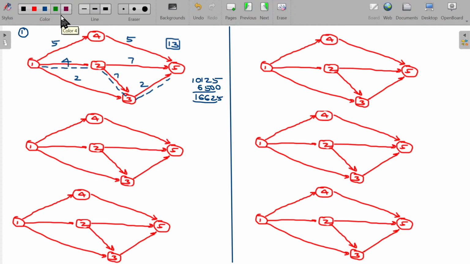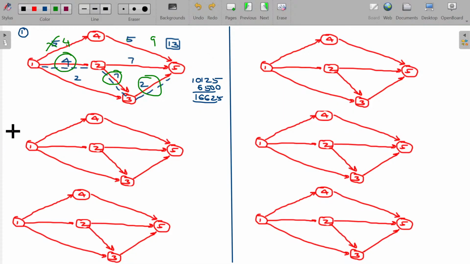Now, my question is, can I reduce the duration from 13 to 12 or 11? If I want to reduce, which activity should be focused on here, either this one, this one, this one. Among the three, if you reduce any one, then definitely the project completion time will reduce from 13 to 12. Yes or no? If you reduce this 5 to 4, 4 plus 5, 9, still this will be the critical path.